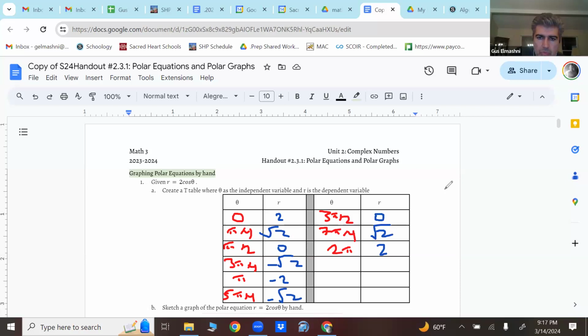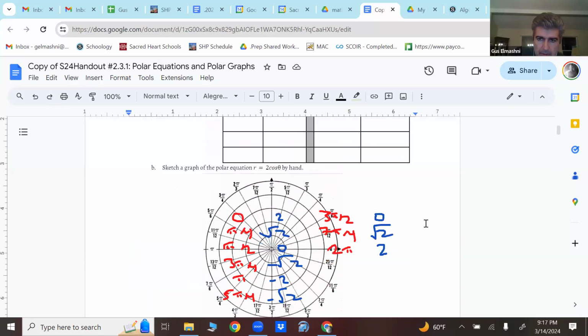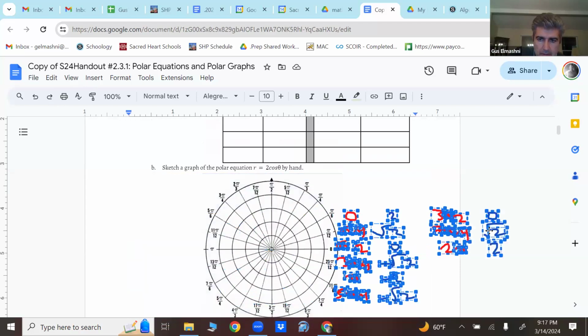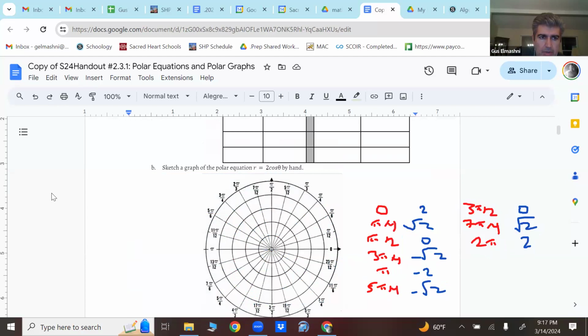Okay, then what you do, it's called a polar curve. Here's what you want to do next. Each inner circle is a radius.